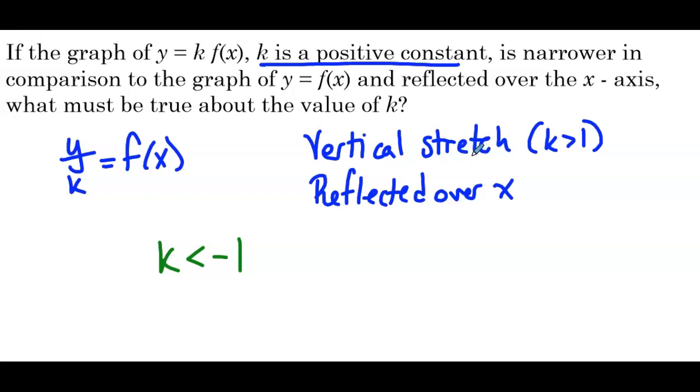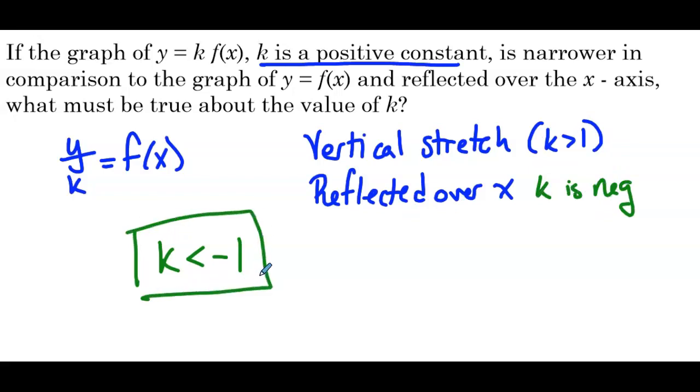Okay, so this tells us k is negative. Let's fix that. Okay, so we're basically combining these two ideas to get this inequality to describe the value of k. So here we were working in the opposite direction.